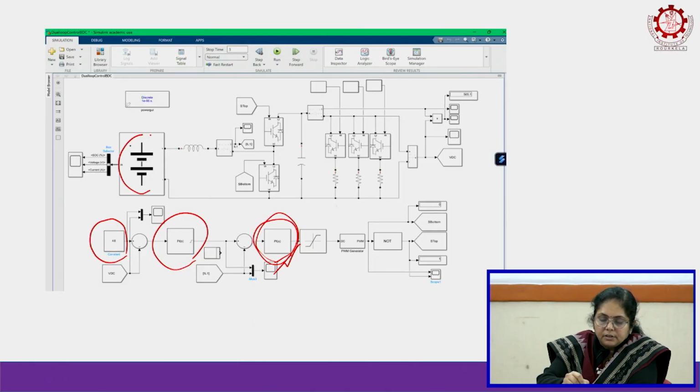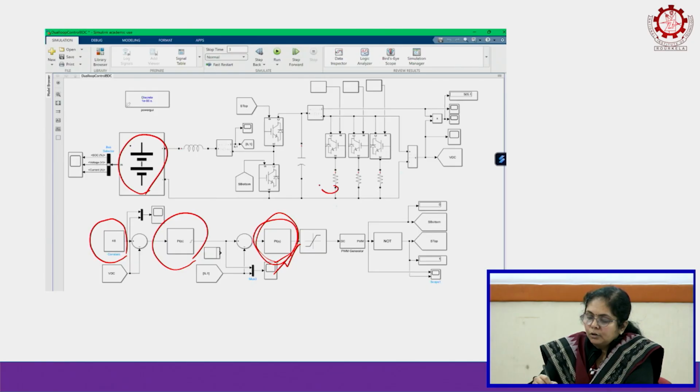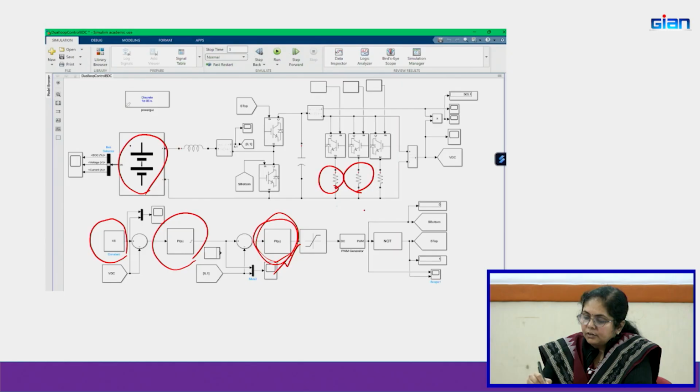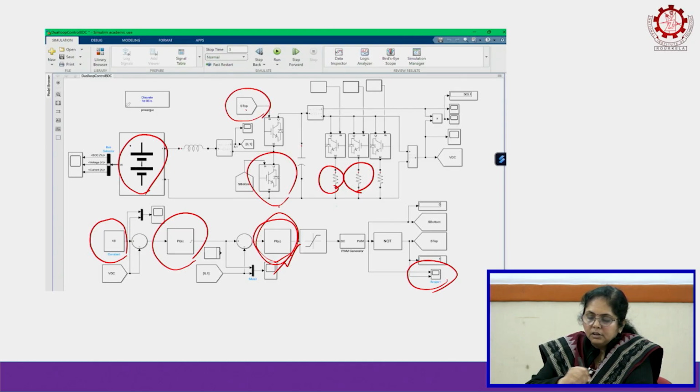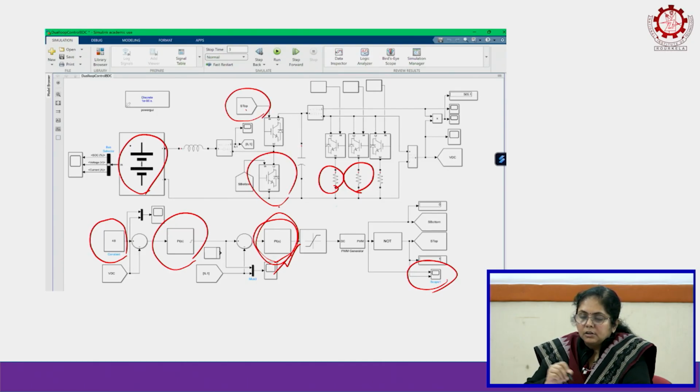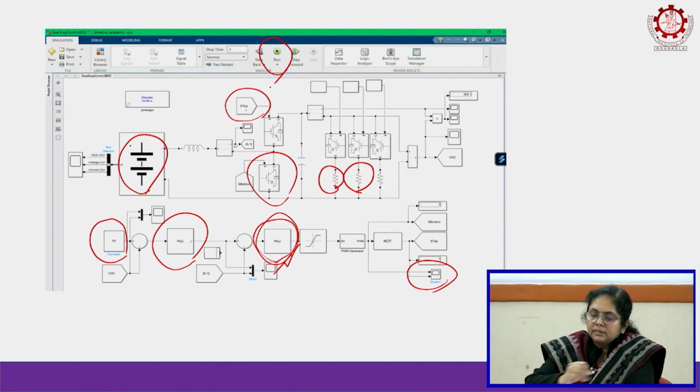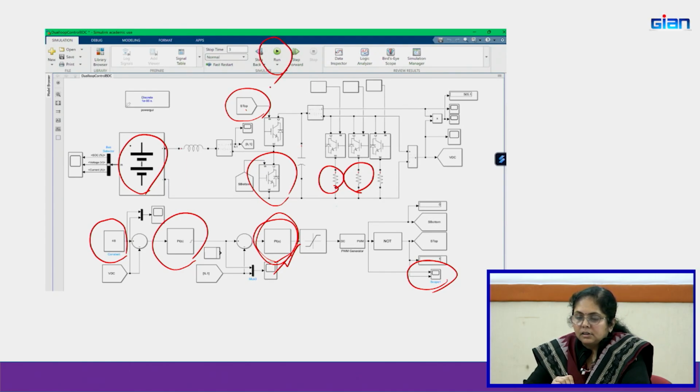First you will set the battery voltage and you are fixing the load, and again you do the whole system with the load change condition also. The final output pulse is given to turn on and turn off both the switches of the bidirectional converter. So, you can run the simulation by pressing this run command.